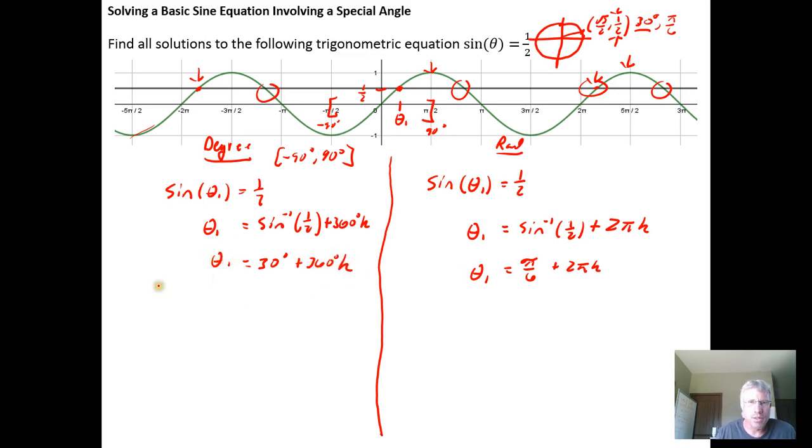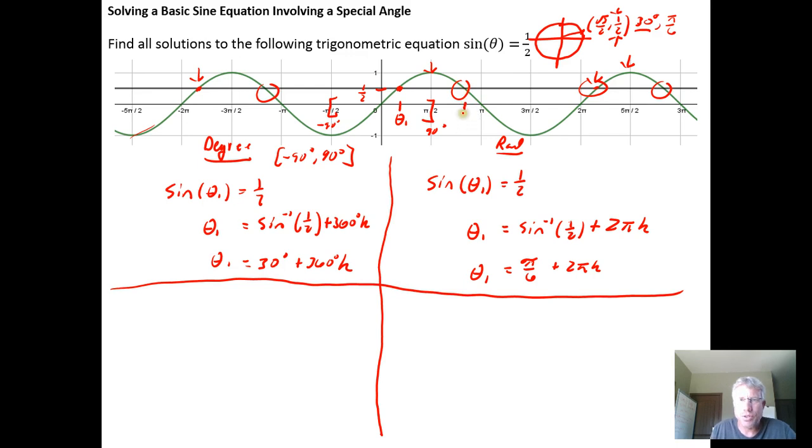So this gives me half of my possible solutions, and then I need to recognize that there's another angle here, theta 2, that is the supplement of theta 1. So we know that theta 2, the other solution, has to equal either 180 degrees minus theta 1, because theta 2 is the supplement of theta 1, or theta 2 is going to equal pi radians minus theta 1.